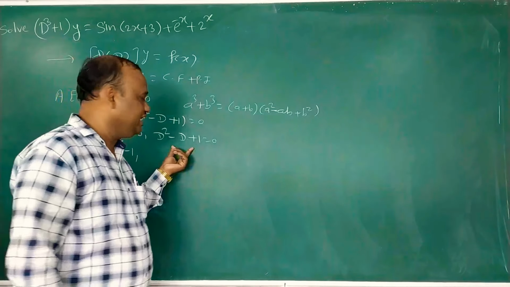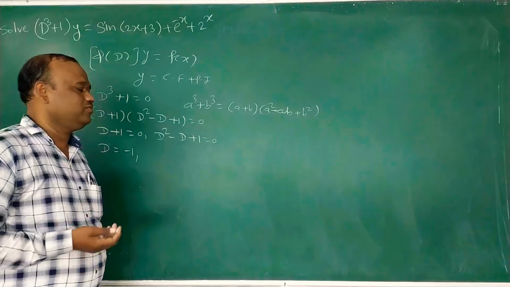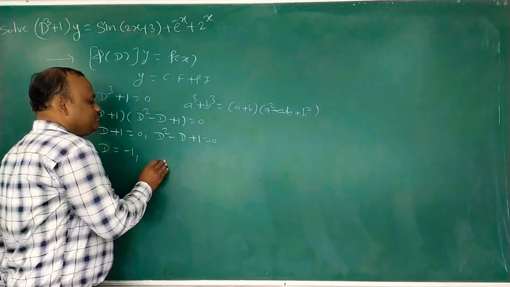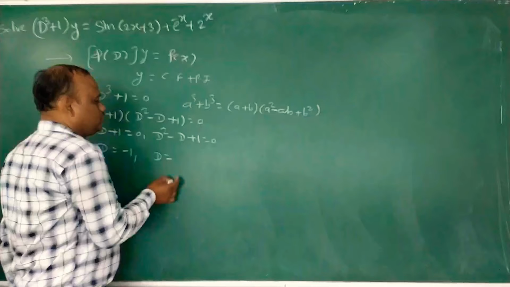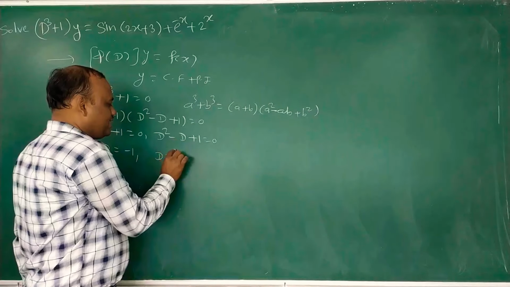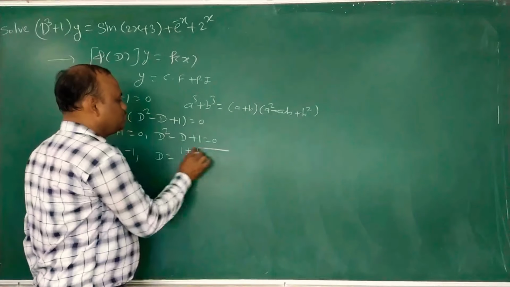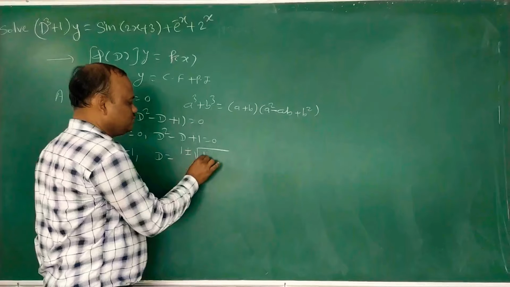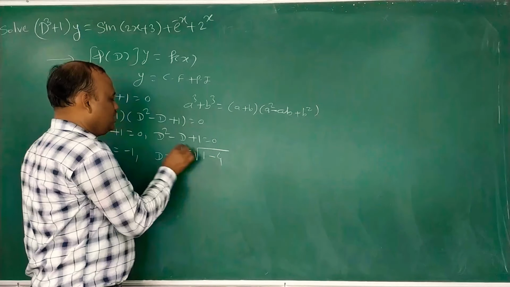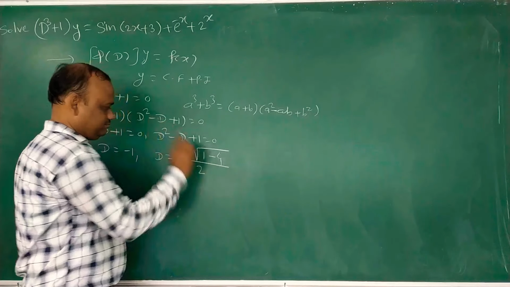This is quadratic in D, and how do we find the roots of a quadratic equation? We know the formula: D = (-b ± √(b^2 - 4ac)) / 2a. Here a is 1, b is -1, c is 1. So minus b is plus 1, plus or minus the root of b^2, which is 1, minus 4ac, 1 times 1, upon 2a.